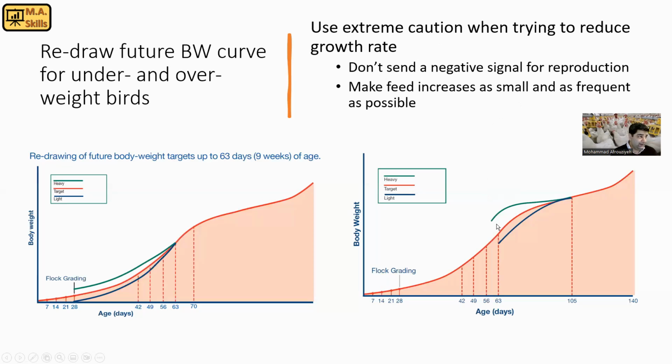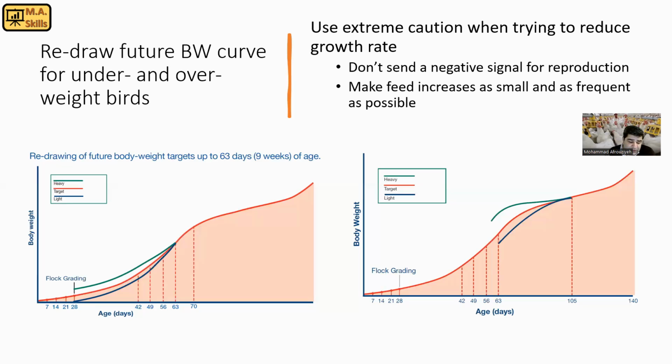It means that if you have negative energy balance, if you are going to decrease the body weight gain, you are sending a negative signal for reproduction.